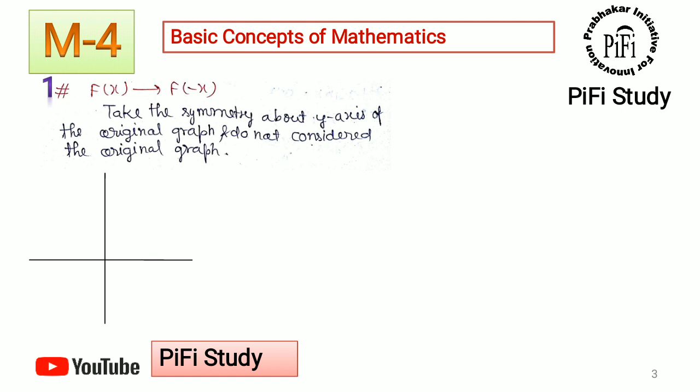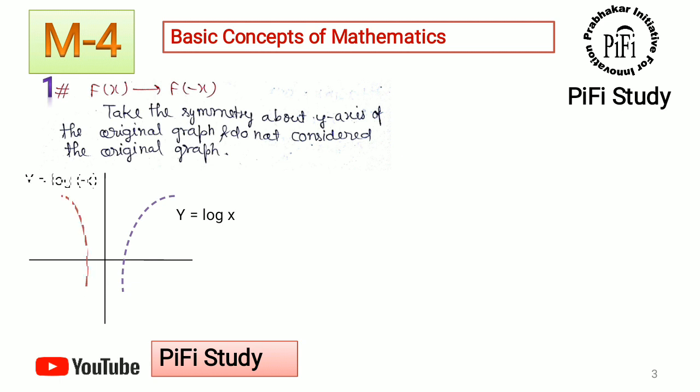First draw the x and y-axis, then draw the graph y = log x. Then take the symmetric. Symmetric means put a mirror on the y-axis, then see how the mirror image appears on the other side of the y-axis.